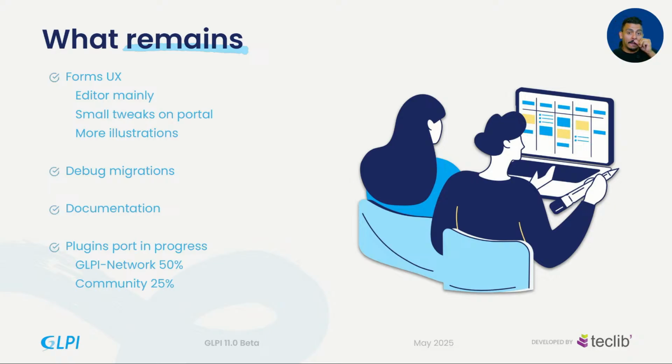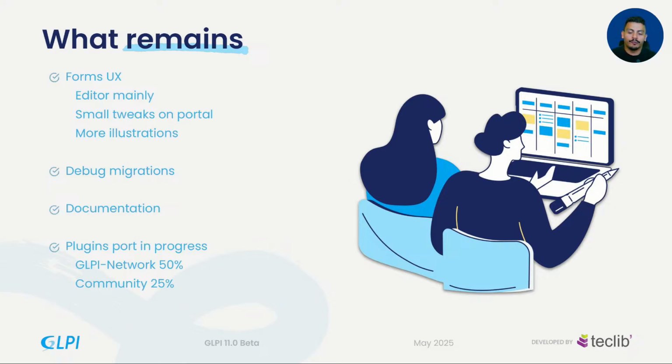And for sure, the plugins. We have, at the moment, almost 50% of all the GLPI Network plugins, which are in our subscription offers and GLPI Cloud Network, that are already ready for GLPI 11. We have a different framework in GLPI 11, which is more secure, brings more possibilities of security, but also brings a lot of things to be remade in GLPI plugins.